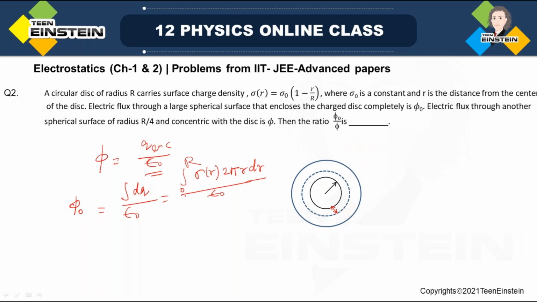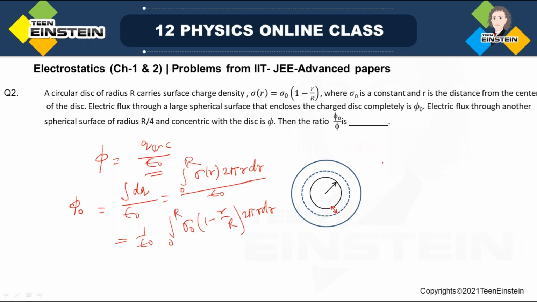All right, so we can finally write this as 1 over epsilon naught, integral 0 to R, sigma is given as sigma 0 into 1 minus small r by R, into 2 pi r dr. If we write the same for the other one, what will be the case?